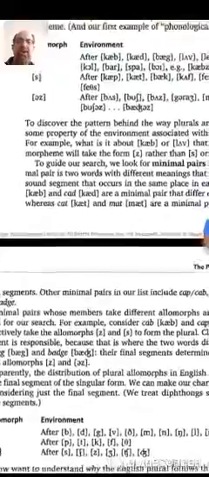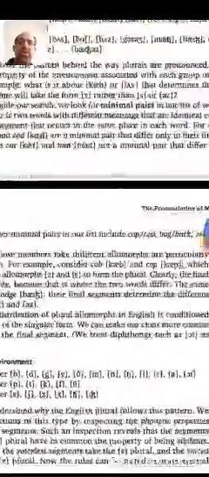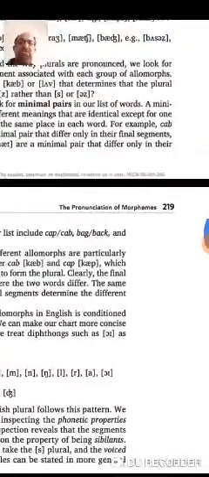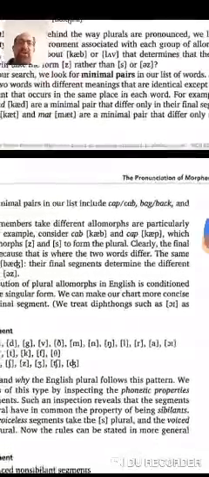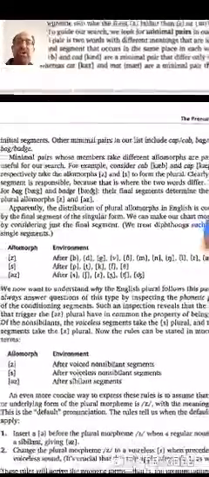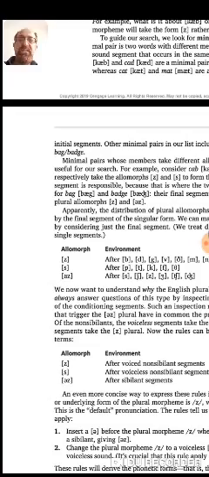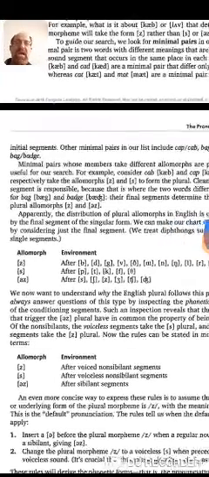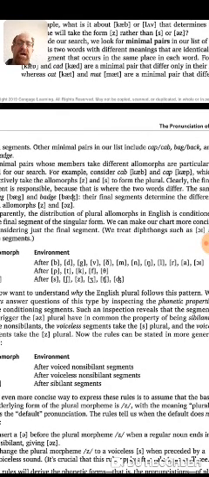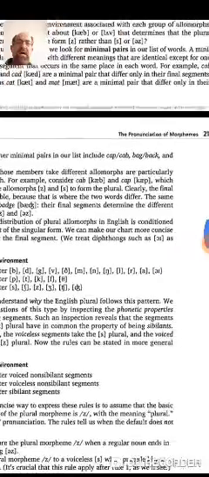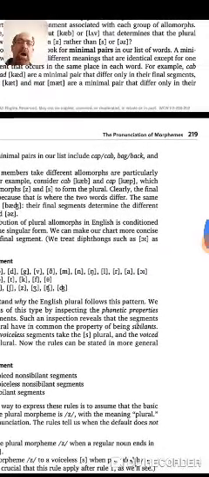So why? If you go to the next page, page 219, you can see that it's only after these sounds. We have z after b, d, g, v, th, m, n, ng, l, r, a, and oi.